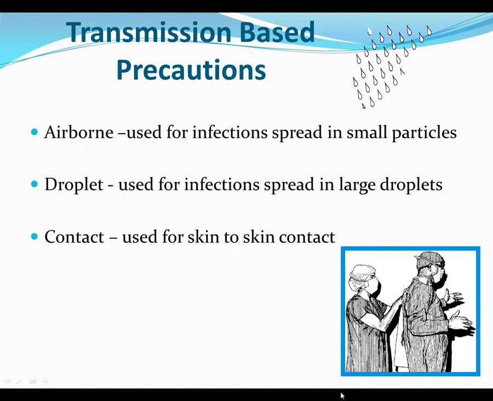Typically, precautions are divided into 3 categories: airborne, droplet, or contact precautions. If there are precautions listed on a patient's door to their room, you want to check with the patient's nurse to assure that you are protecting yourself appropriately. Isolation techniques have been, like I said, combined into 3 sets of guidelines.